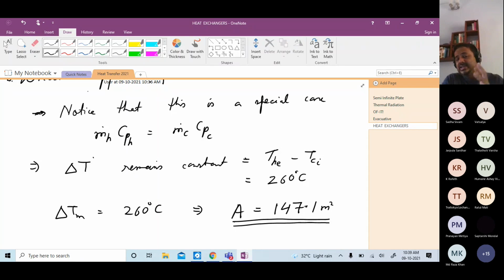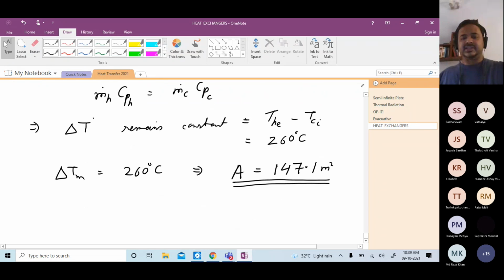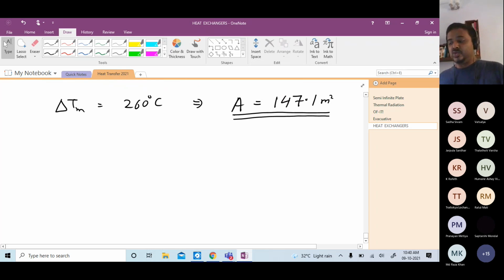Any cross flow heat exchanger with the same set of temperatures will require an area which would lie between these two extremes. This is a statement I'm making without proof. Okay, excellent. I'm really happy that you noticed the fact that this is the special case.